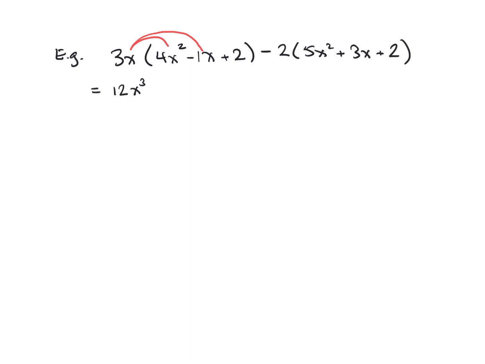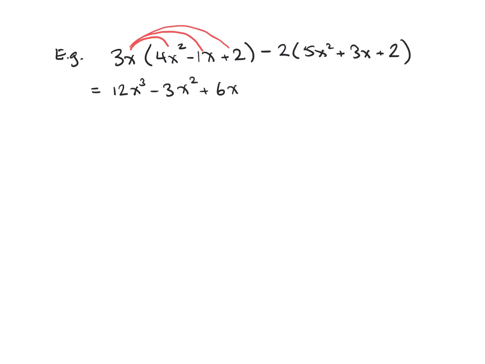The number part will be negative 3, and the letter part will be x squared, because x times x is x squared. Followed by 3x times positive 2. The number part, 3 times 2, is 6, and the letter part is simply x. Okay, so that is the first bracket with the distributive property applied to it.